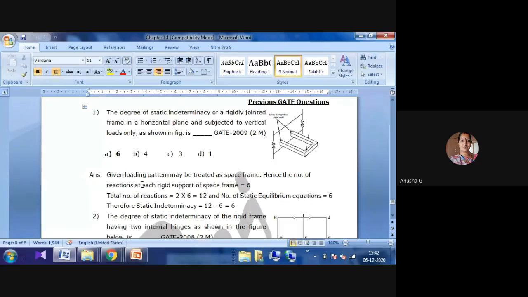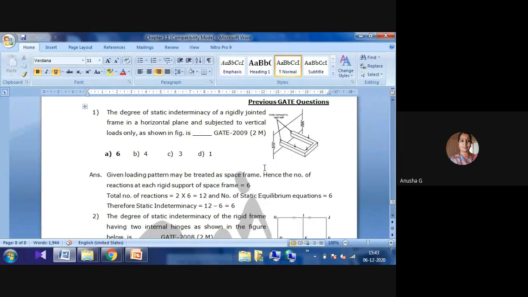First of all, see the solution. If the given loading pattern is treated as a space frame, then there are reactions at each rigid support. If it is considered a space frame, there will be 6 joints, 6 frames that we have to observe.